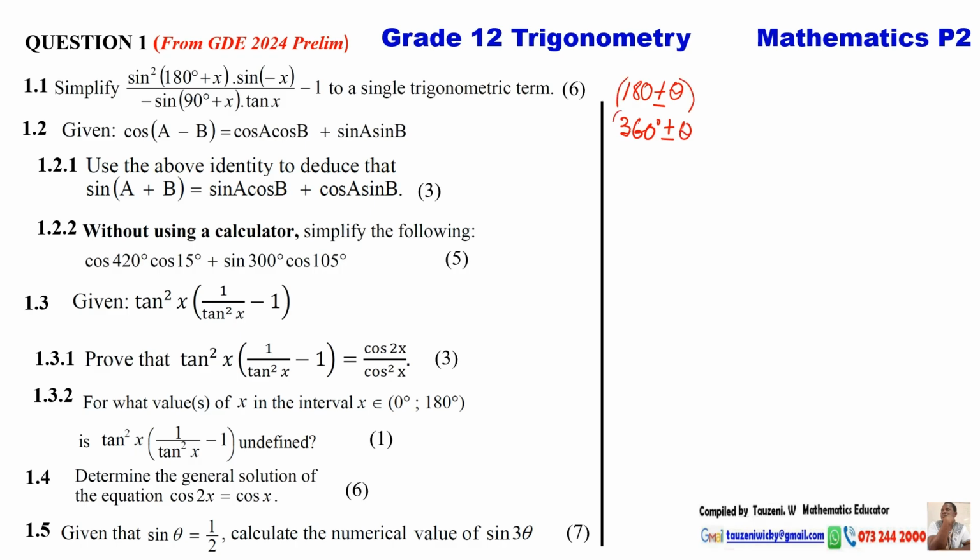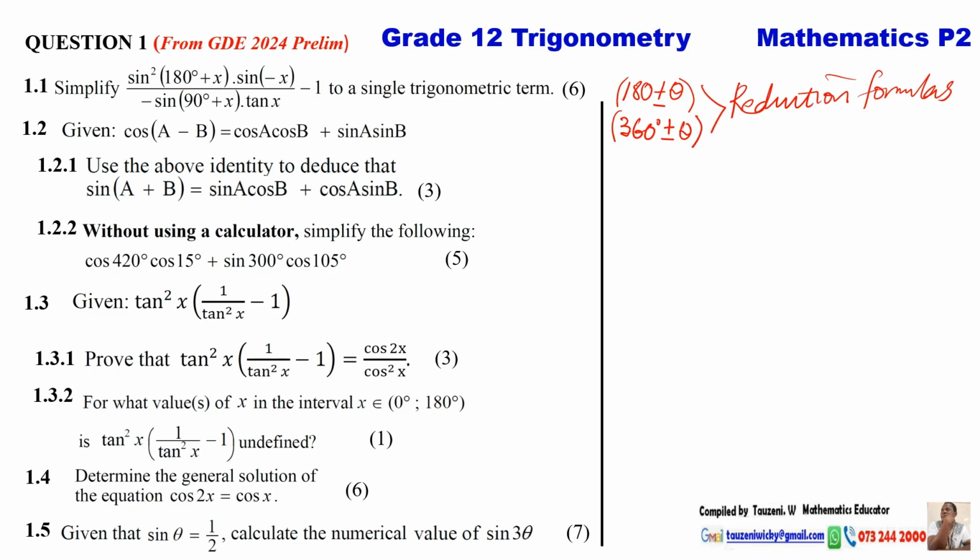Then you must immediately know that in that particular question, you are going to be applying the reduction formulas. So that is one common item in trigonometry questions. We need to know how to apply reduction formulas.